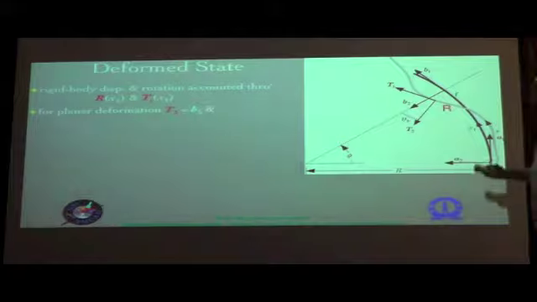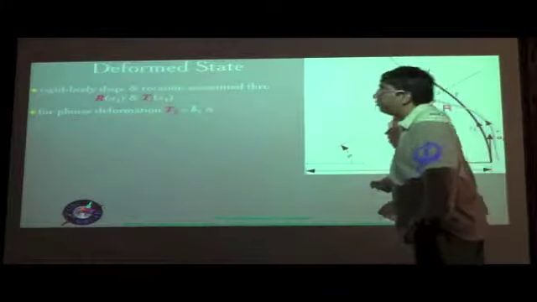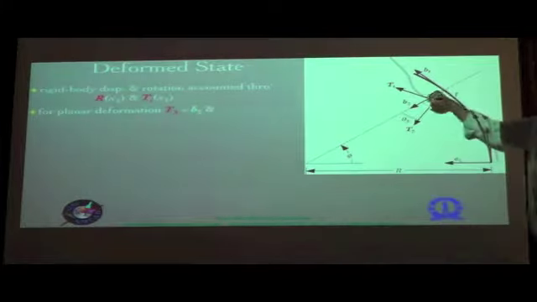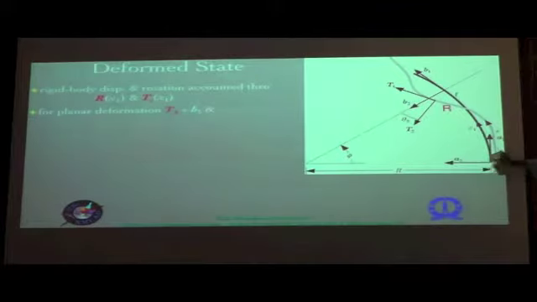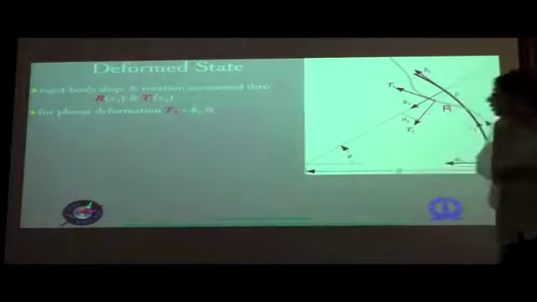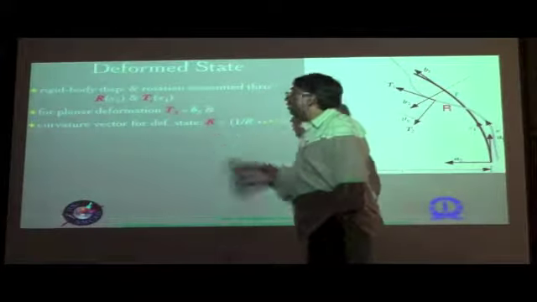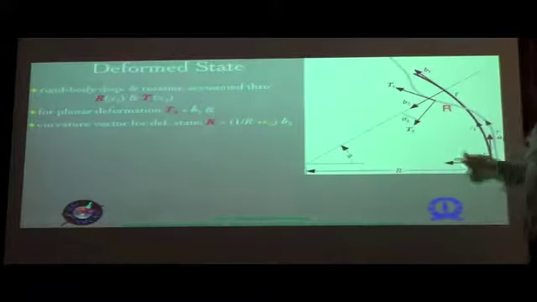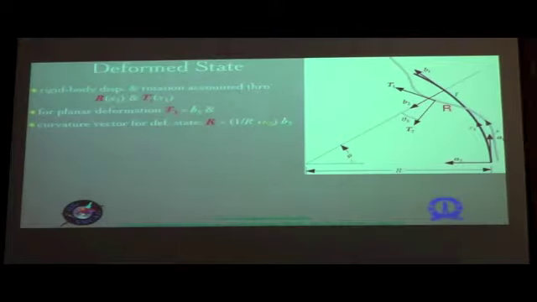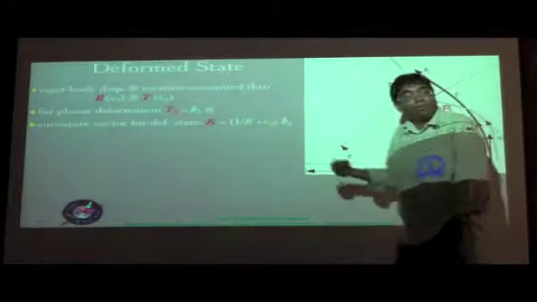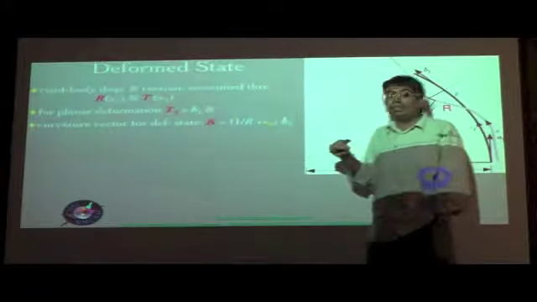Here we are of course dealing with planar deformation, which means that T3 will remain equal to your A3 or B3. So that remains a constant, and it's already known. And the curvature vector for the deformed state, again because we are not allowing for non-planar deformation, has no component along the B1 and B2 directions, there is only the B3 direction.